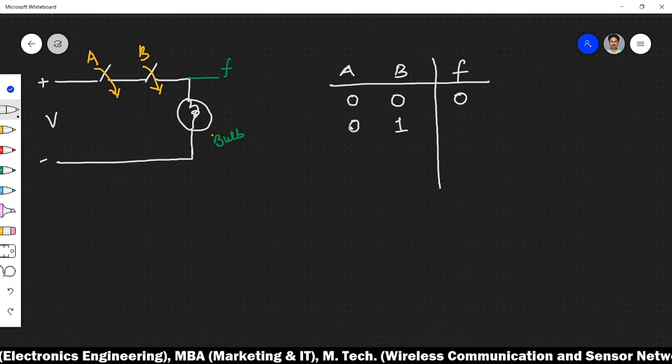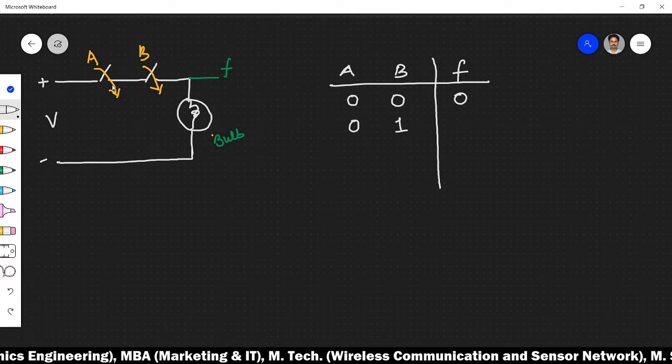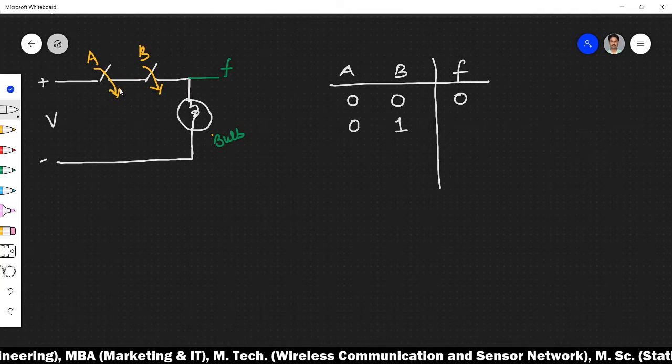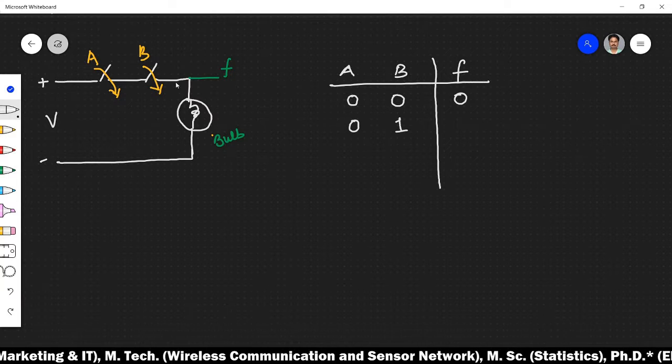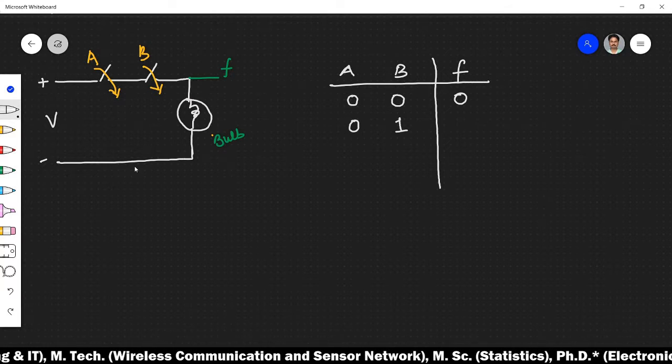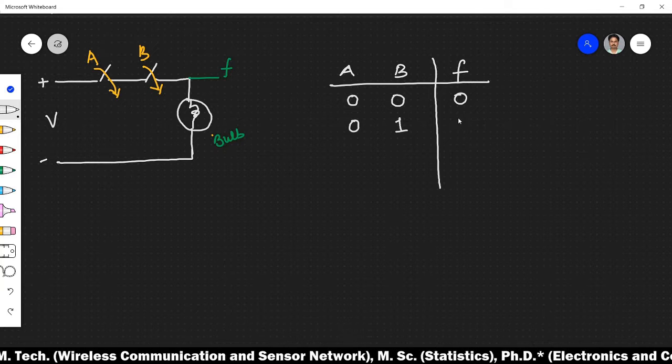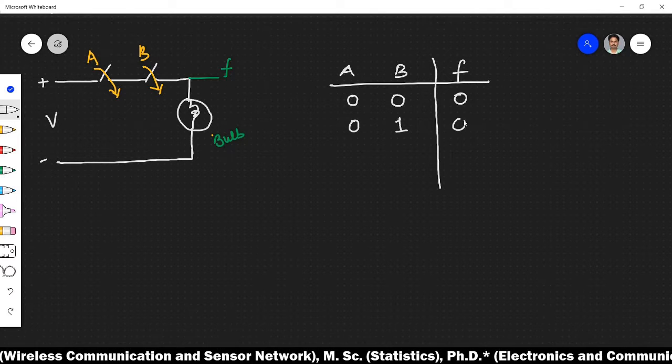So if A is open, it will not allow the current to pass to the rest of the circuit, so the bulb will not glow, and in this case again you will have 0.